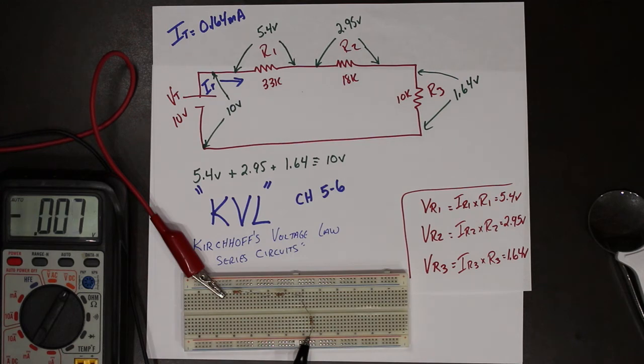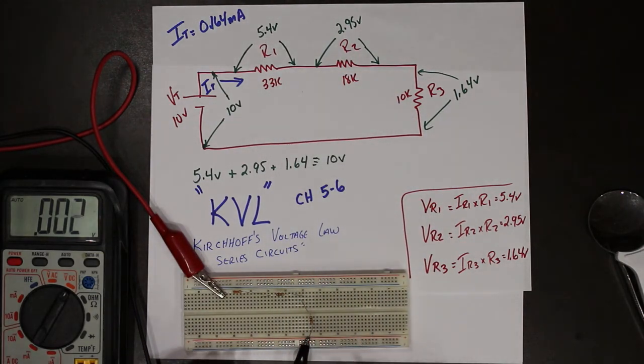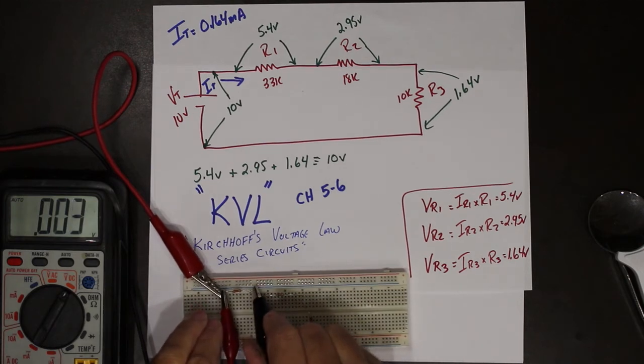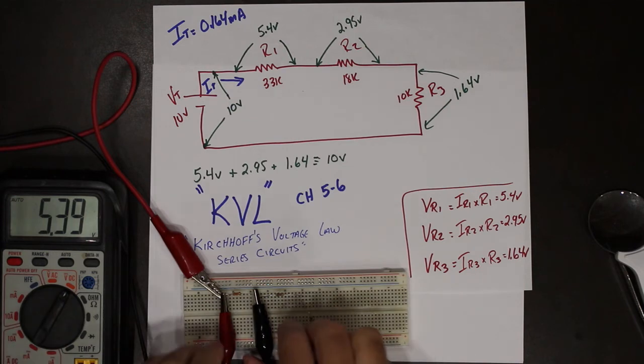So now what I'm going to do is prove these numbers. I'm going to measure the voltage drop across that one resistor. So R1, voltage drop according to our calculations is 5.4 volts. So let's give it a whirl. 5.39.